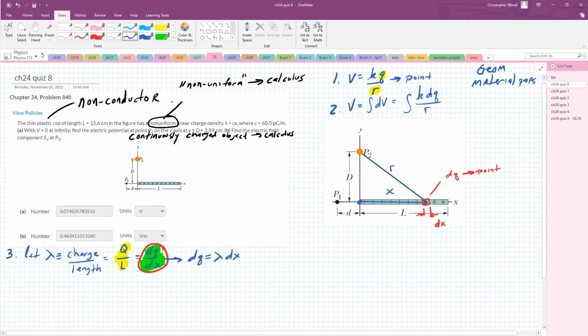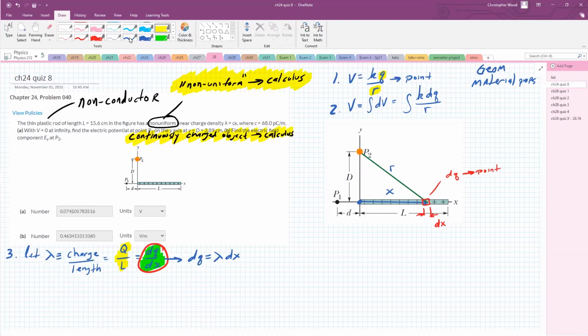But there's one thing that's different: non-uniform. As soon as you see non-uniform, among all of the other thoughts streaming through your head, you're thinking calculus anyway, but now even more. Not only because I have a continuously charged object, but now even deeper calculus because it's non-uniform density.